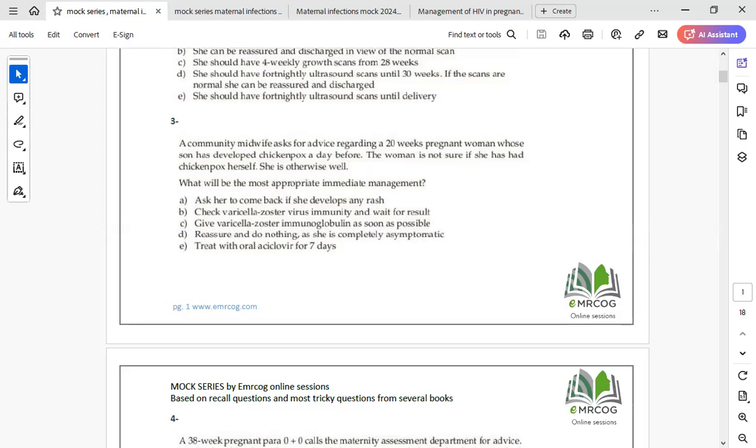Immediate management. See here in the SBA, they play with words. This woman who is asymptomatic, can I give her immunoglobulins or not?